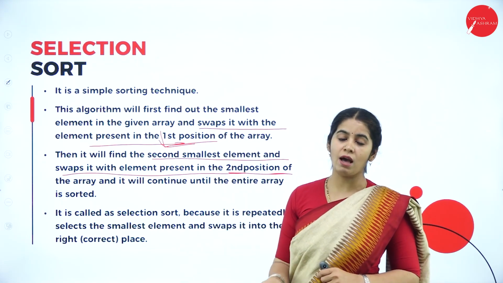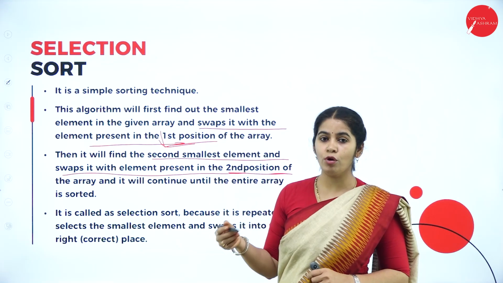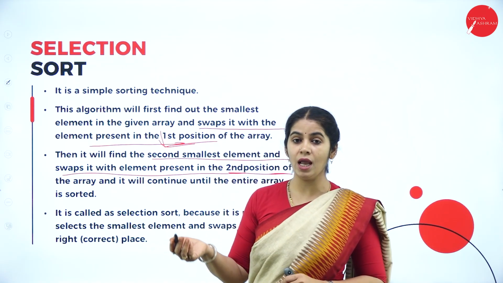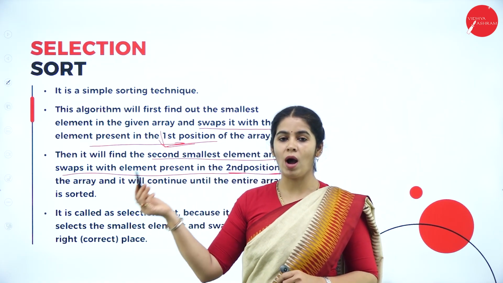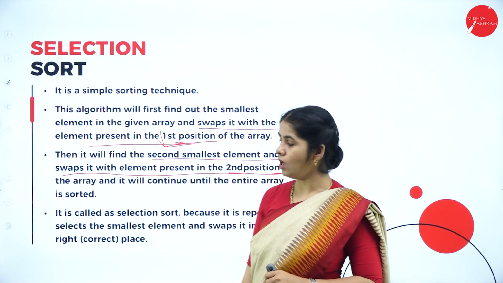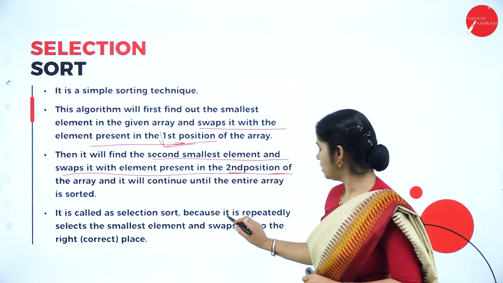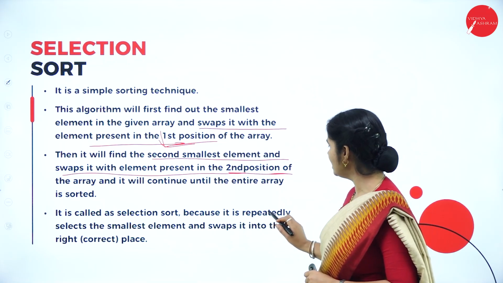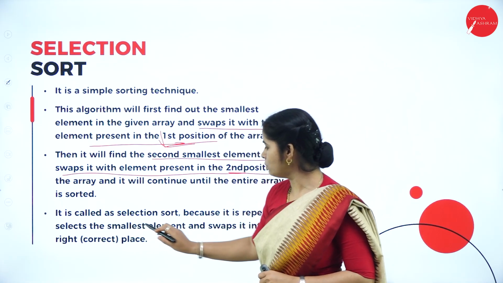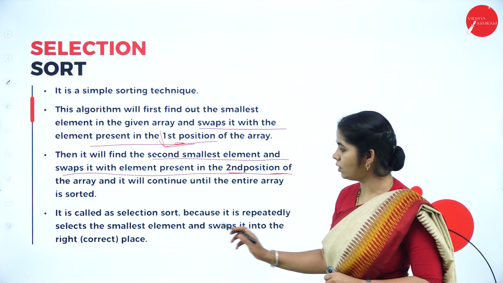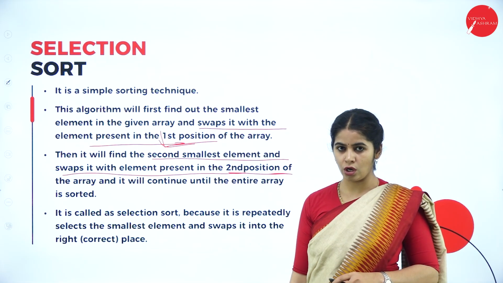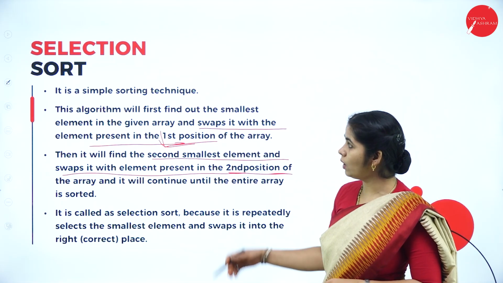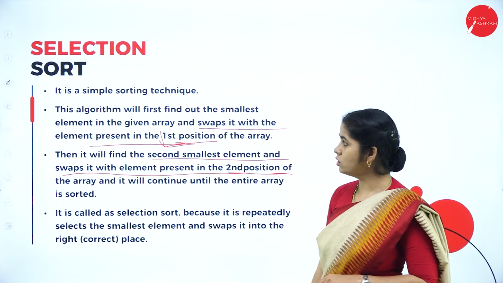Similarly, it has to traverse the array. How many number of times do we have to traverse the array? N plus 1 times we have to traverse the array. This is called selection sort because it repeatedly selects the smallest element and swaps it with the right position or the right index value. That's why it is called selection sort.